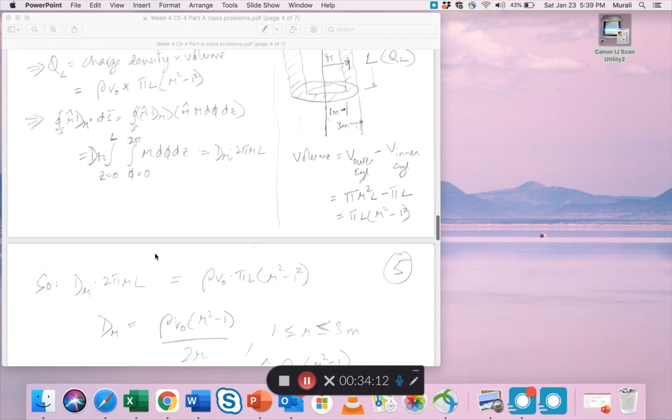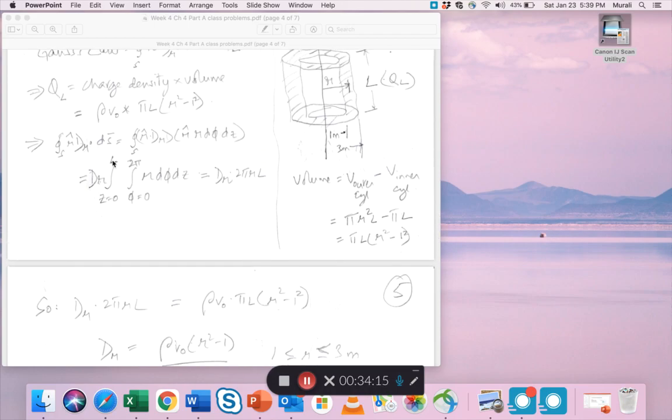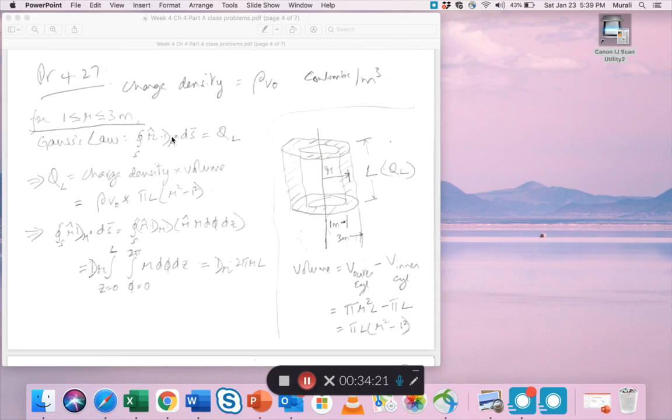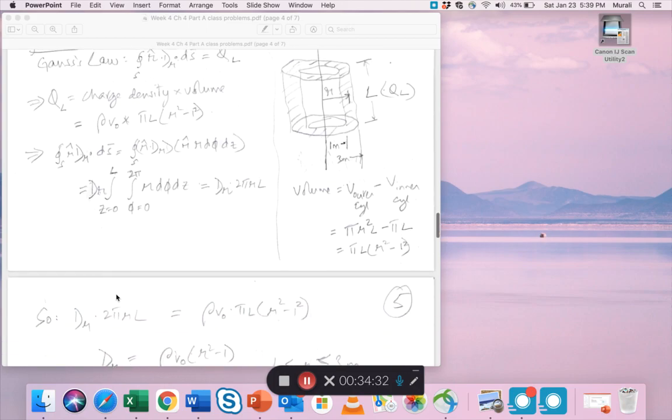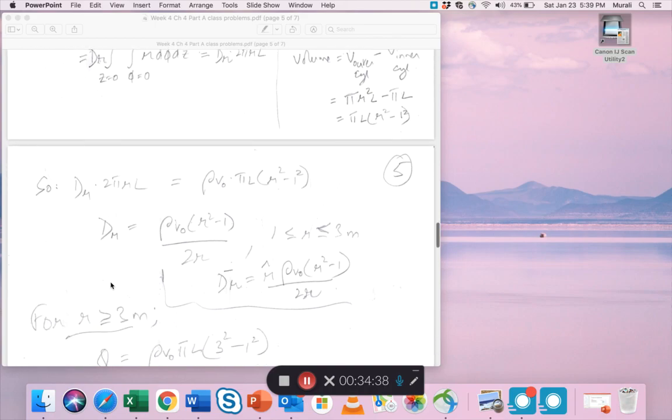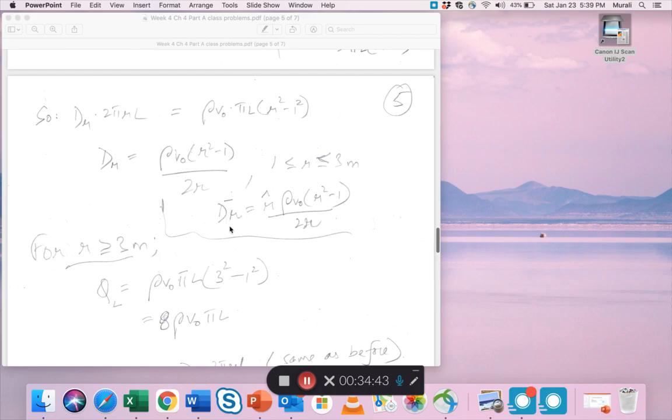So this integral, now you equate, according to Gauss's law, whatever is on the left side equals the total charge in the shape. The total charge we just found to be this. The integral comes out to be this. So if you equate the two, the left hand side equals the right hand side, and from there you can find D_r. Once you have D_r, you can write the vector D by writing this unit vector r hat and the rest of whatever was D_r. And r runs from 1 to 3.